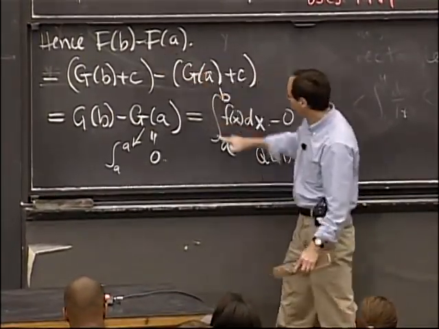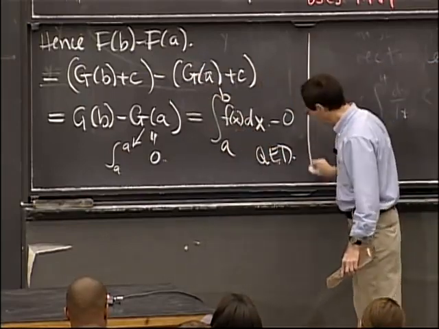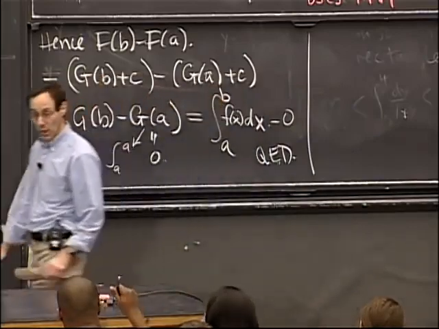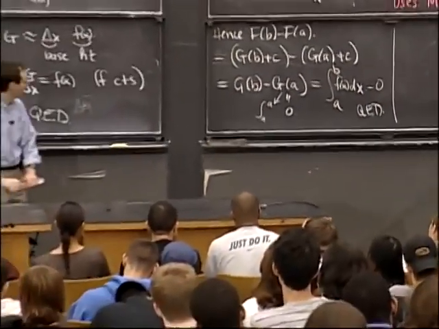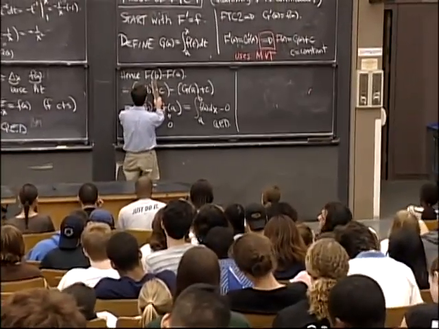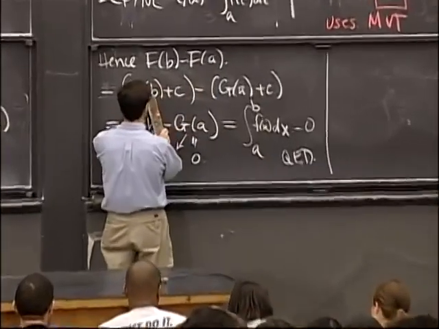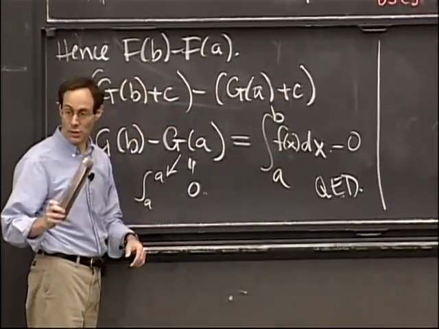I started with f(b) minus f(a). I got to the integral. Question? How did I get from f(b) minus f(a) to g(b) + c minus (g(a) + c)?